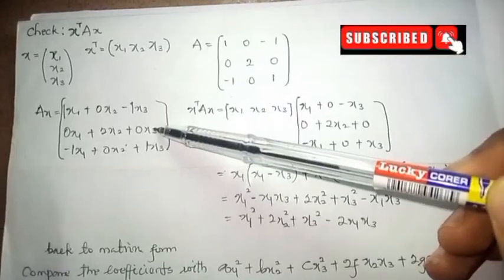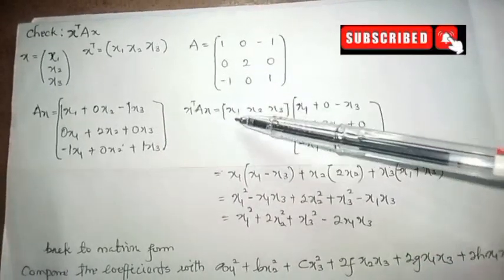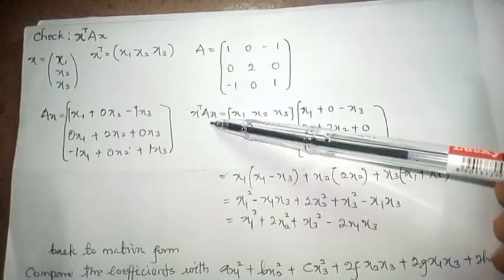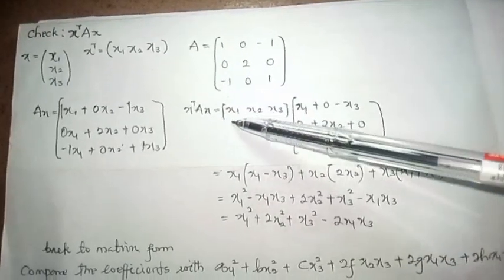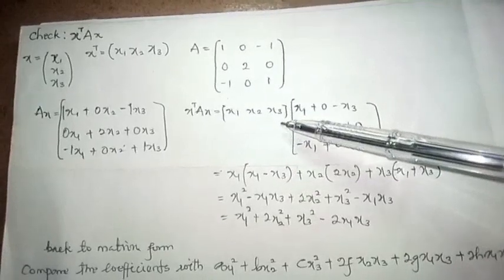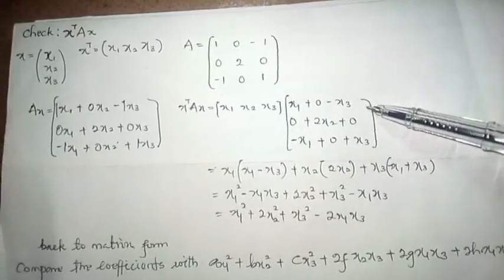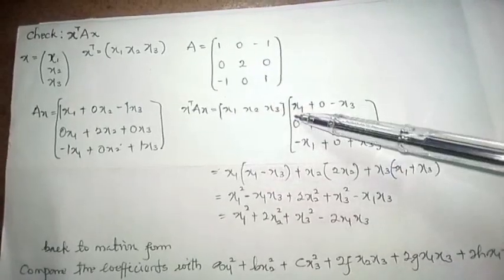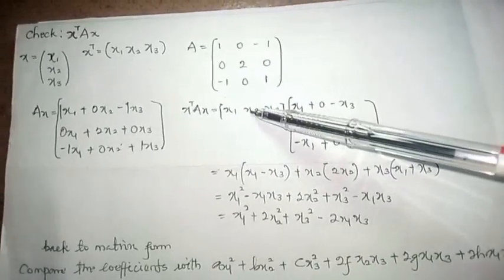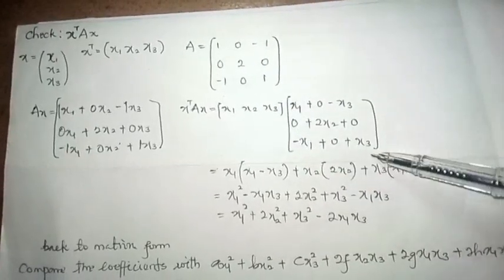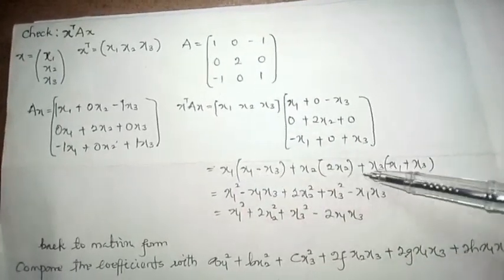You should definitely understand. And then we brought in back our x transpose and multiplied with the matrix Ax together. So this is the x transpose, this is the matrix Ax being brought in. So x1 multiplies the entire variable here, x2 multiplying the entire variable here, and x3 multiplying the entire variable here, which was why we got this.